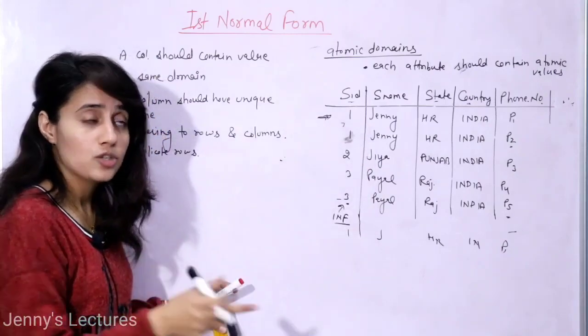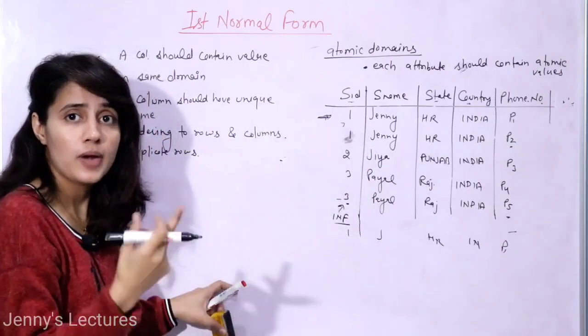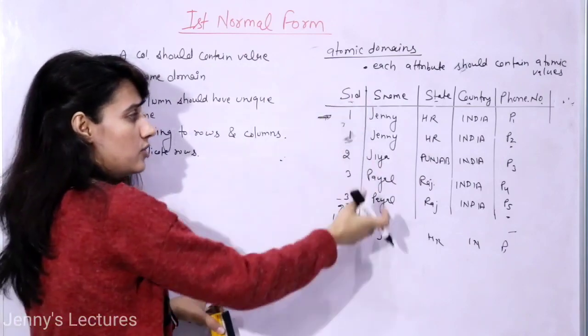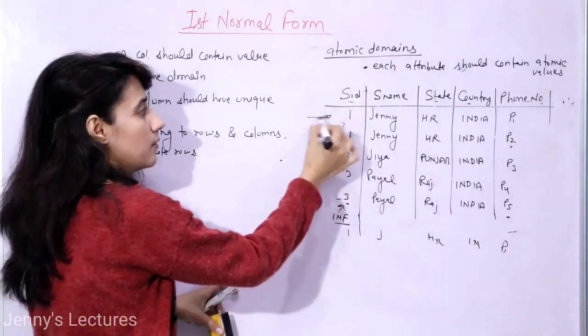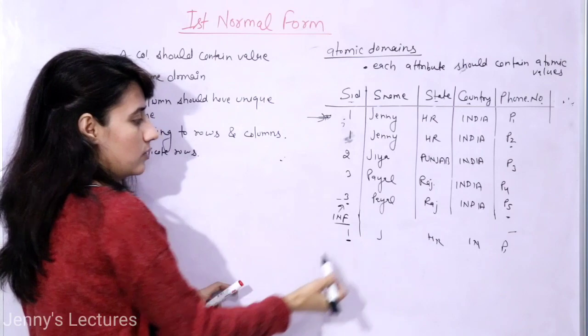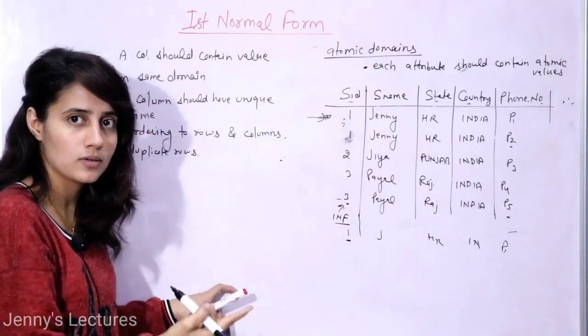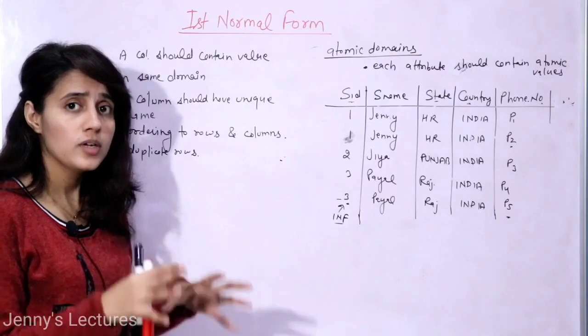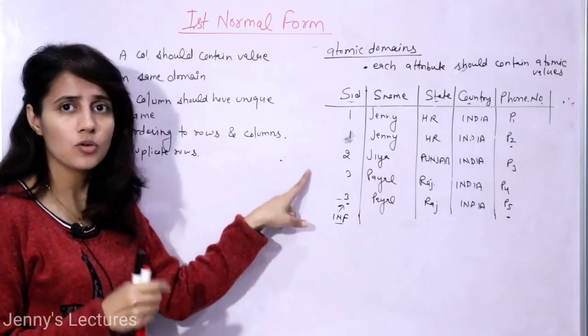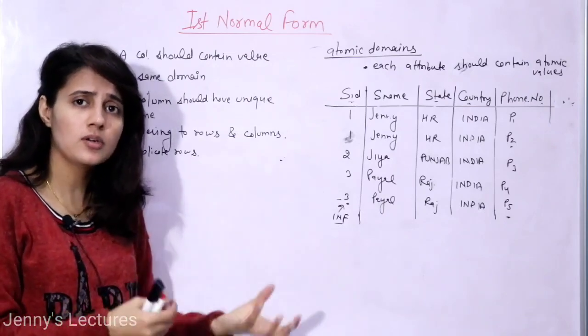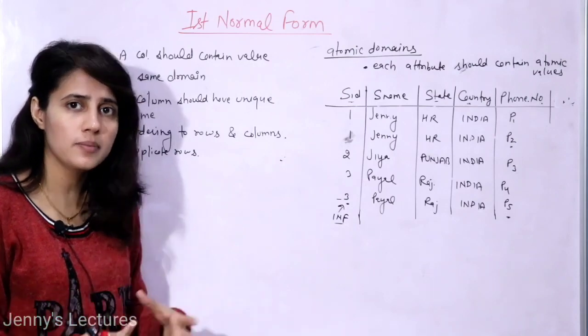Every relation or every table must have a primary key, and if this relation has a primary key, then this condition will not occur, right? So when you are designing a database, every table must have a primary key.